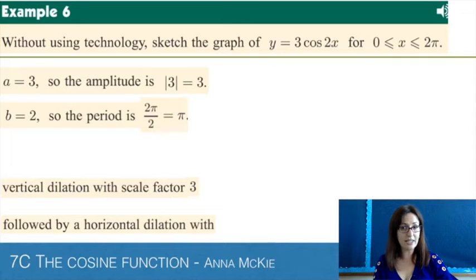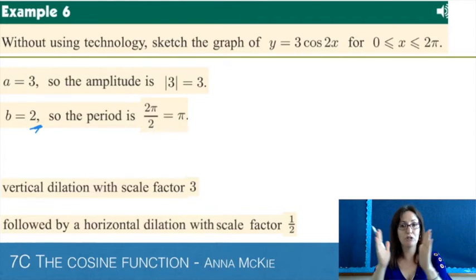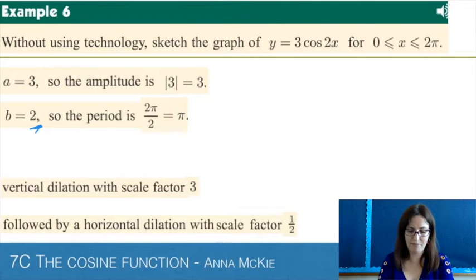And horizontally dilated with a scale factor of what? So if that period has gone from 2 pi down to pi, what scale factor would that be? It's a half. So don't be misled by the fact that it's a 2 there. Don't think it's been doubled. It's actually been reduced because it's 1 on the b factor there.